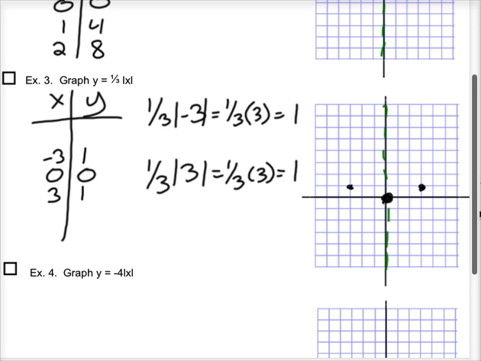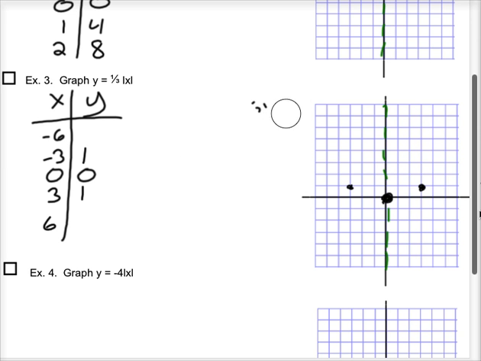So that means my next ones, I'm going to choose -6 and +6. So let's see what happens when we choose those. Well, I'm going to plug in 1/3, absolute value -6. Well, we know the absolute value of a negative makes it positive. Oh, so I'm going to multiply by 6. 1/3 times 6 gives me 2.